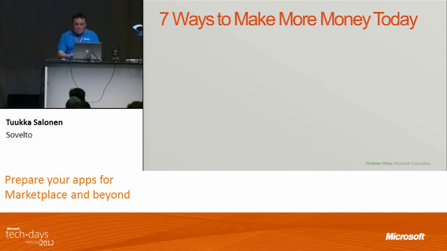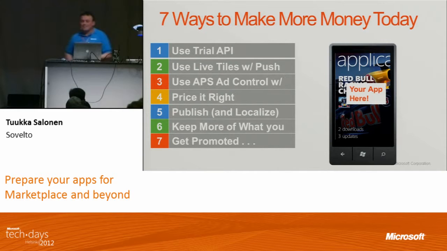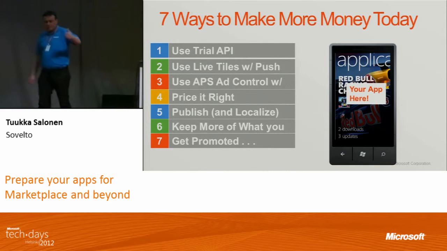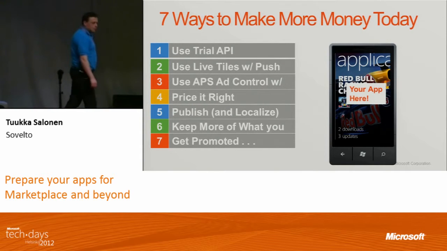So, making money, fast version. There is the trial. There are the ads. One thing which is good in Windows Phone, there are live tiles, not dead ones like in some other phones.